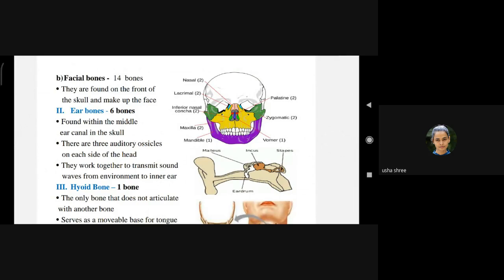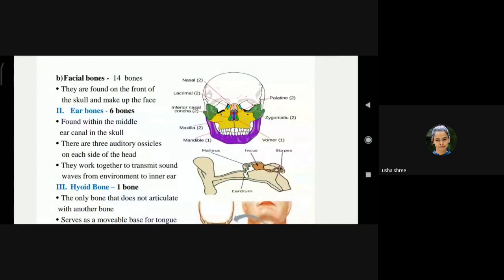So, the divisions are ear bones. Ear bones are 6 in number, 3 on each side, found within the middle ear canal in the skull. There are 3 auditory ossicles on each side of the head. They work together to transmit sound waves from the environment to the inner ear.